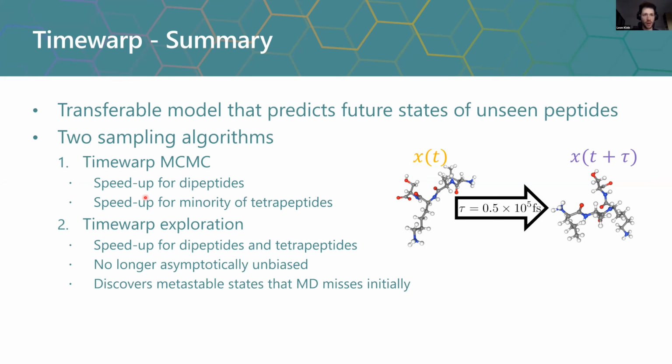And then we could also combine it with the exploration algorithm, where we do not accept and reject states except for very high energies. And there we saw a speedup for all the peptides, but at the cost of no longer sampling unbiased from the Boltzmann distribution. And there we saw that we could find all metastable states, which are indeed true metastable states, much faster than MD.